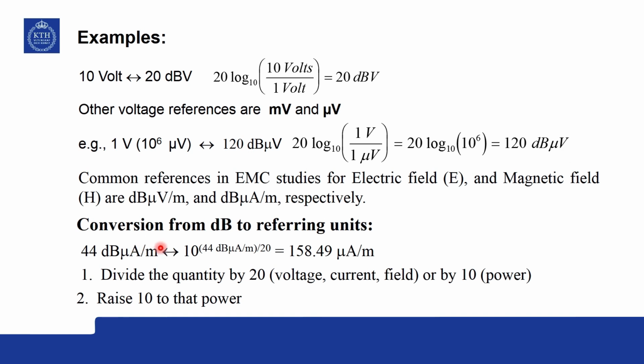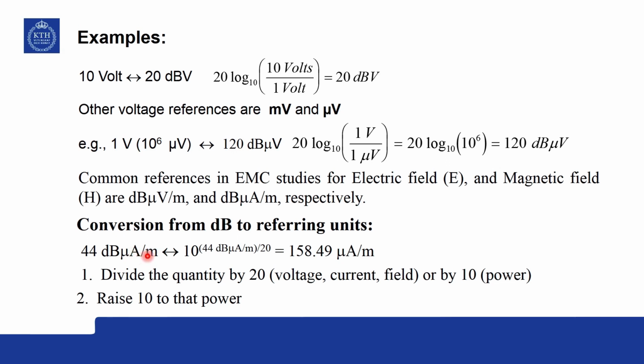Now, we can convert from dB to the referring units, to the opposite. For example, 44 dB microampere per meter. Suppose we want to convert it into microamperes per meter or amperes per meter, let us say. So, how do we do that? From the presence of microampere per meter, we know that the base is microampere per meter for the magnetic field intensity.